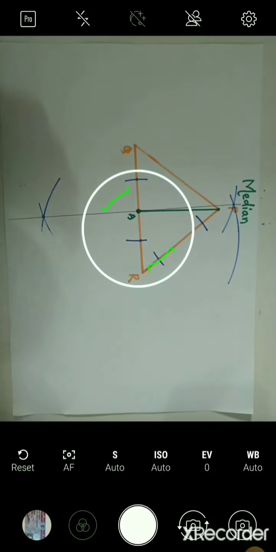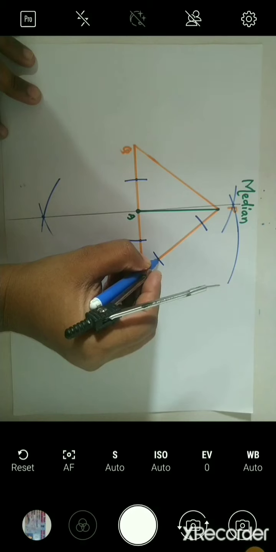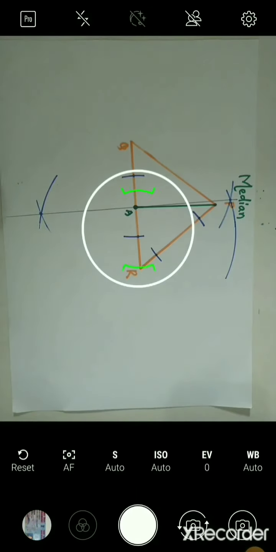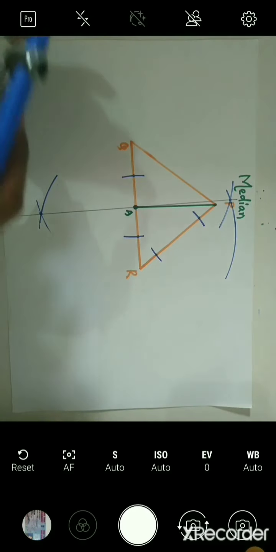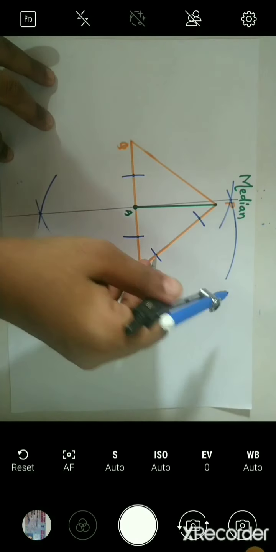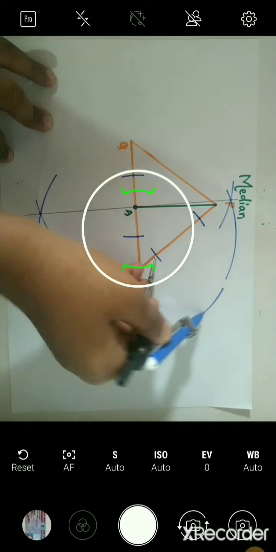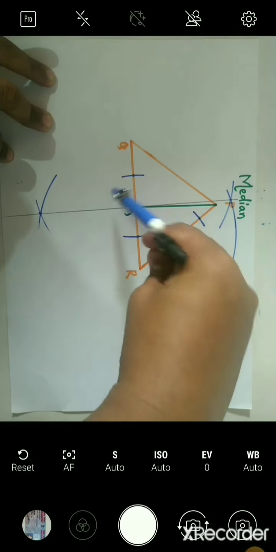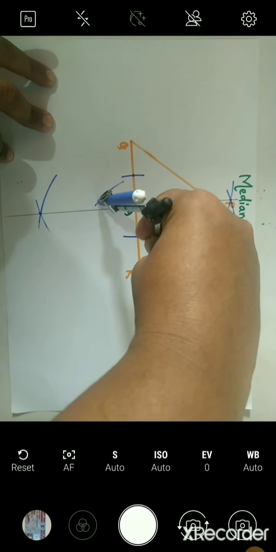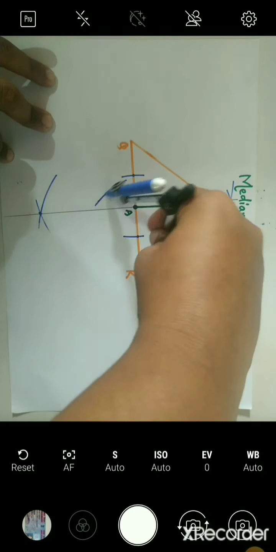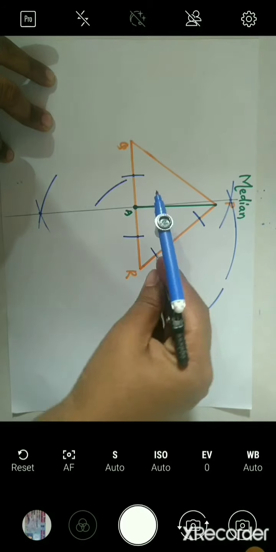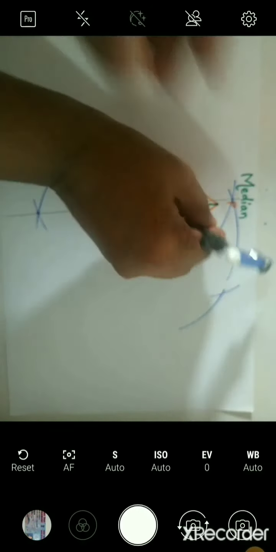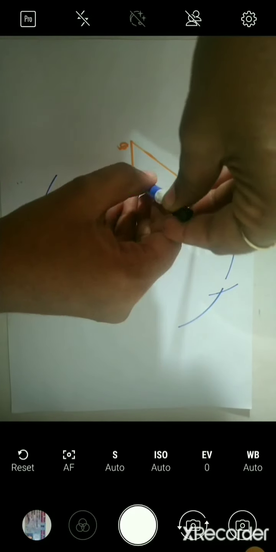Okay, so here we have got 2 points, this point and this point. Now I'll keep the pointer at this point, draw an arc up and an arc down. Now without disturbing this distance, I'll keep the pointer at the other point, draw an arc up and an arc down.